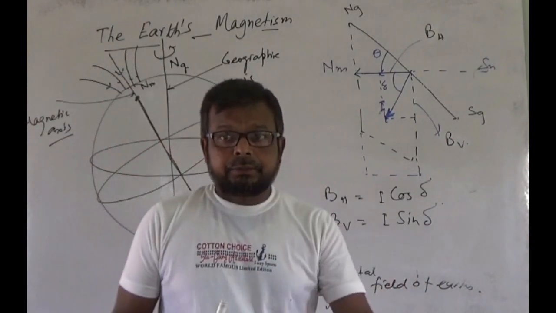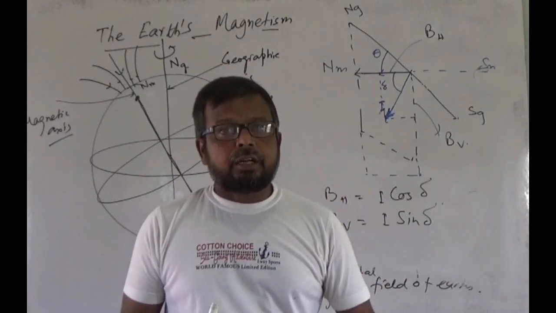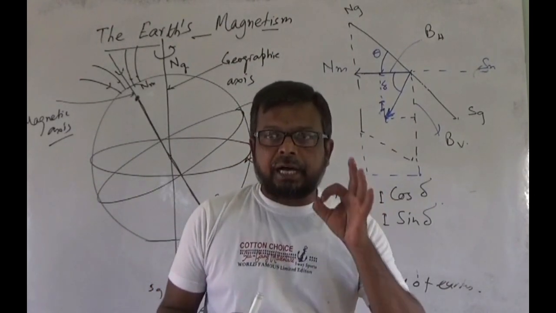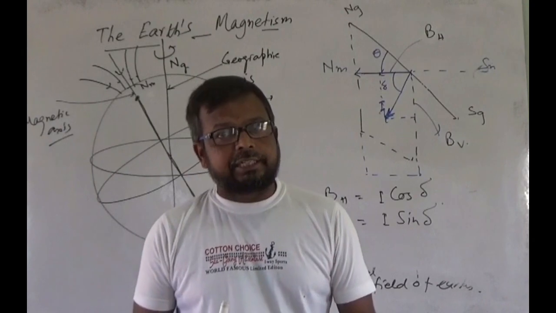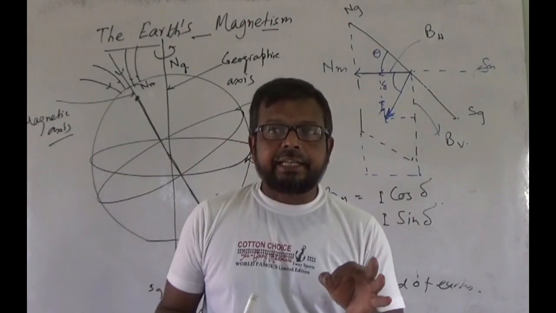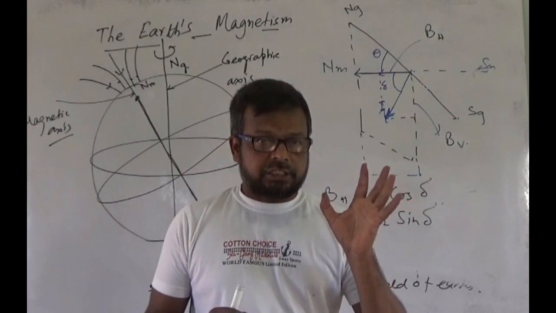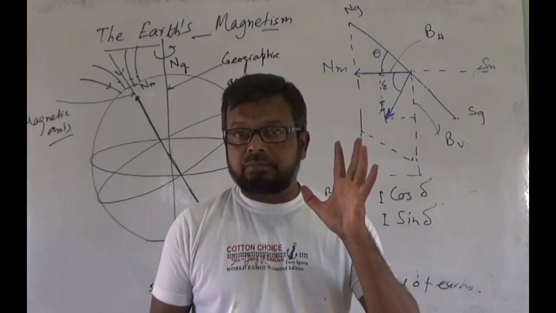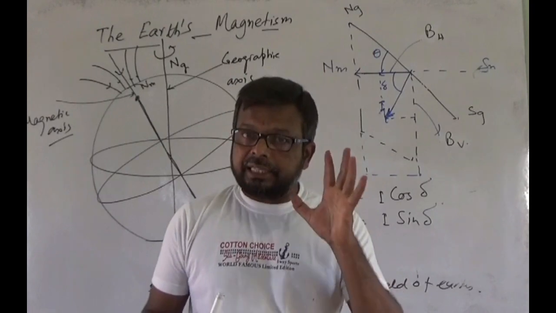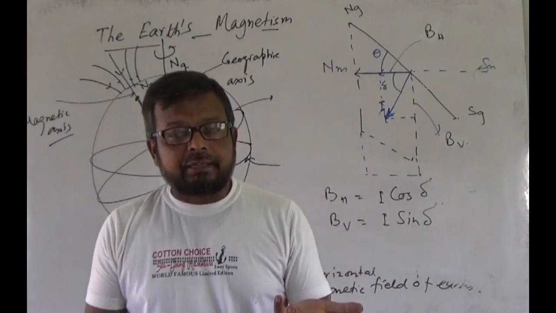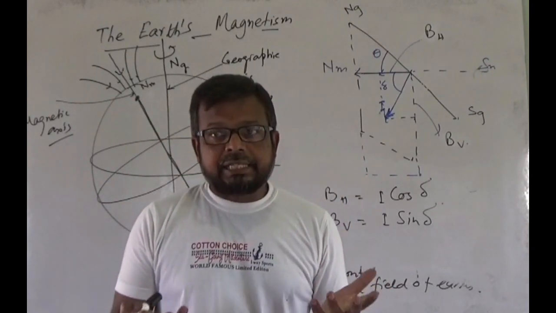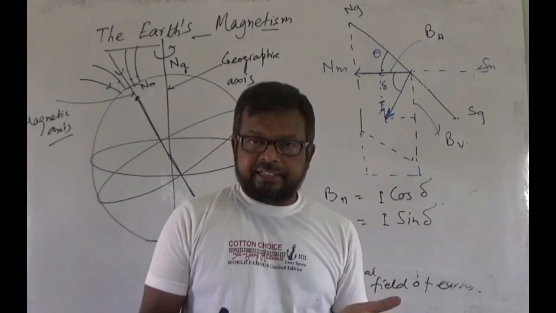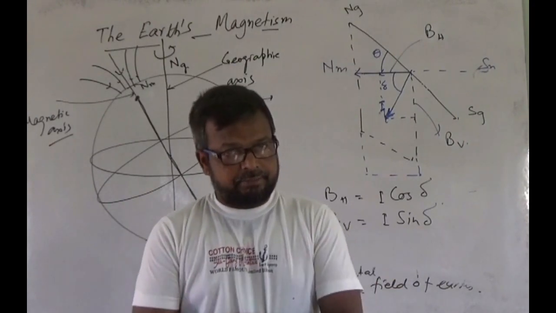What is BH? BH is the component of total intensity of magnetic field of Earth in the horizontal direction in magnetic meridian. Just remember that thing, in magnetic meridian, not in the geographic meridian. Clear? Now what will be the horizontal component of Earth's magnetic field in the geographic meridian?